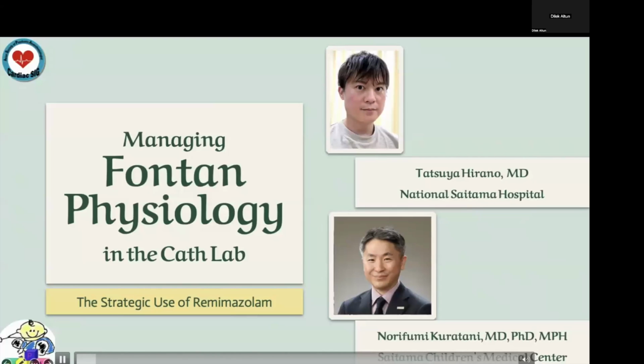This unique circulation creates several management challenges, particularly in the Cath Lab, where maintaining delicate hemodynamic stability is crucial. At our center, remimazolam has proven valuable for balancing sedation and hemodynamic stability, offering quick onset and controllability.